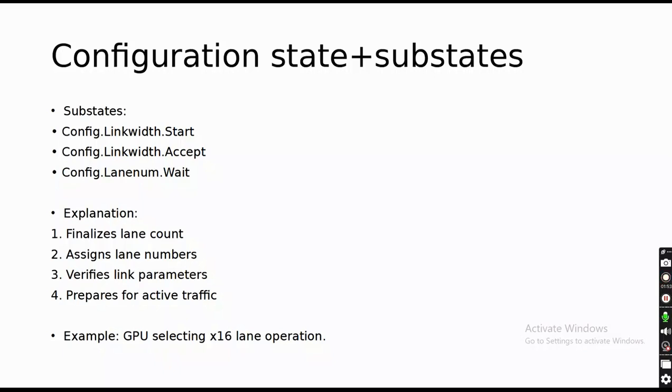I will tell you some practical debug scenarios in the configuration state. For example, the link is stuck in the polling state or in a configuration loop. What we have to do is look in the simulation log for a TS2 mismatch or a width mismatch, whether x8 versus x4 is happening or not.